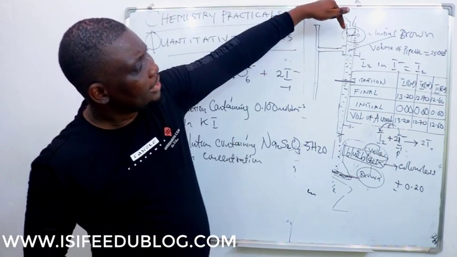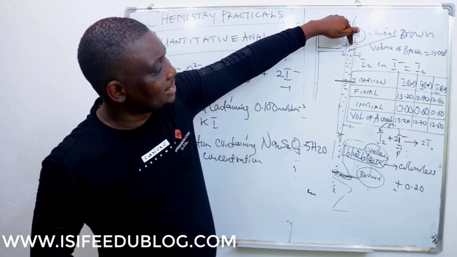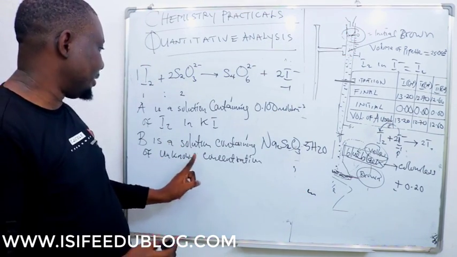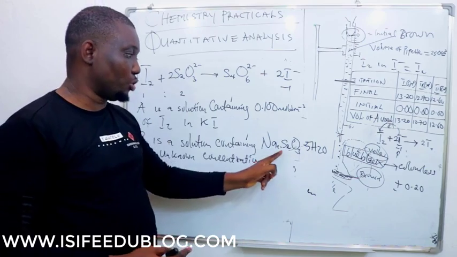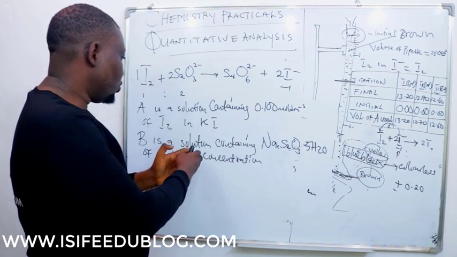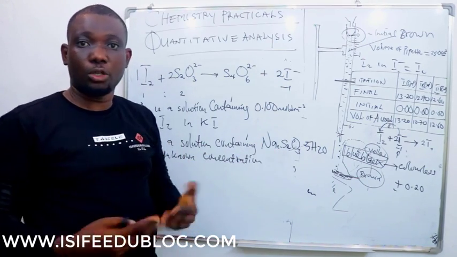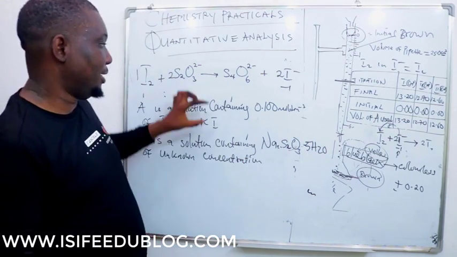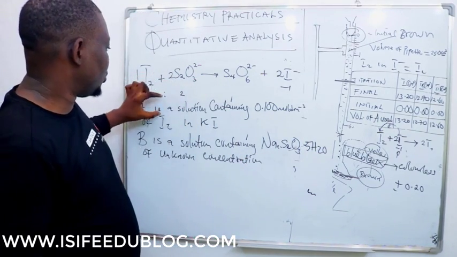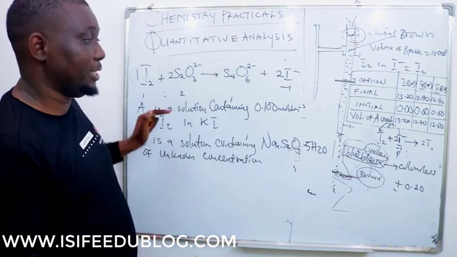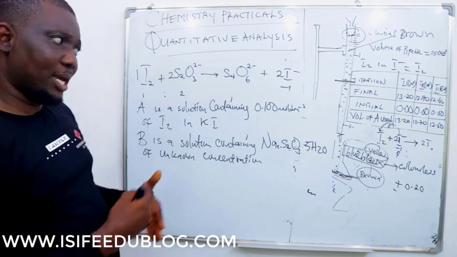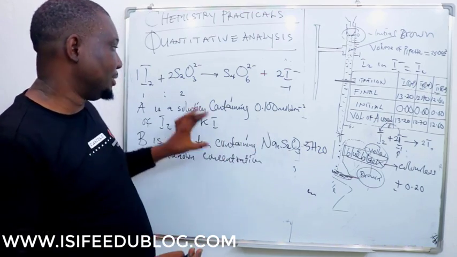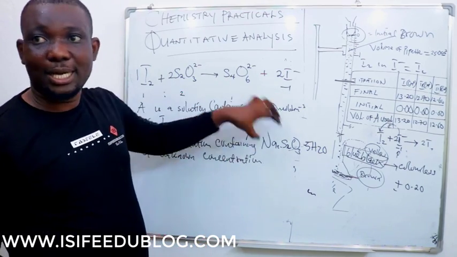So we're going to use this standardized solution to try to get the concentration of the one whose concentration is not known. So this is standardization of this one using a standardized solution of KI, sort of iodine. Most times an examiner may give you this one as standardized and this one as unstandardized.